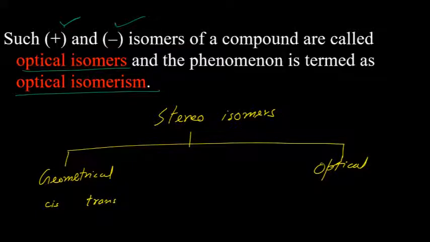When we talk about optical isomers, you should always think about dextro and levo, means plus or minus. Correct? Yes, Shasha, cis and trans forms, you got that correct. So optical isomers always dextro and levo.